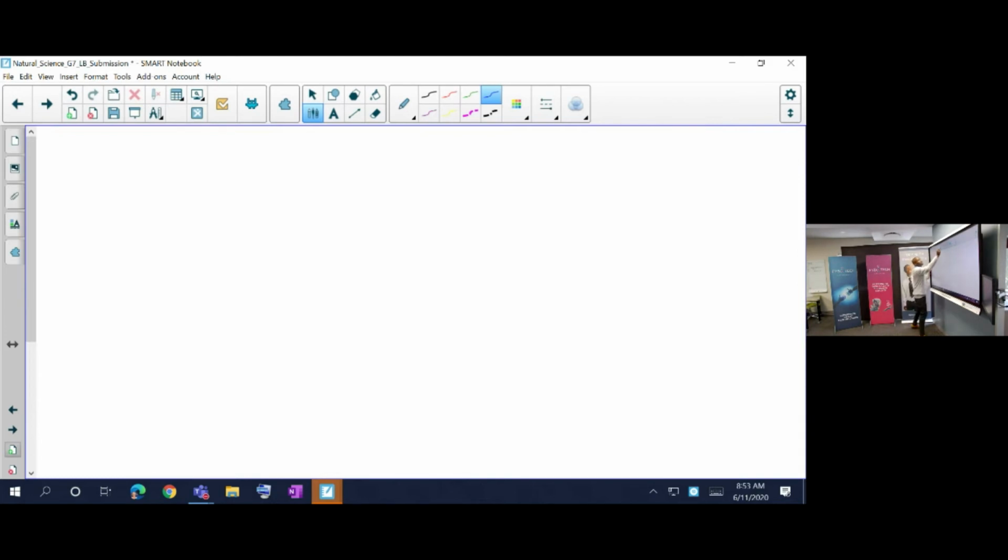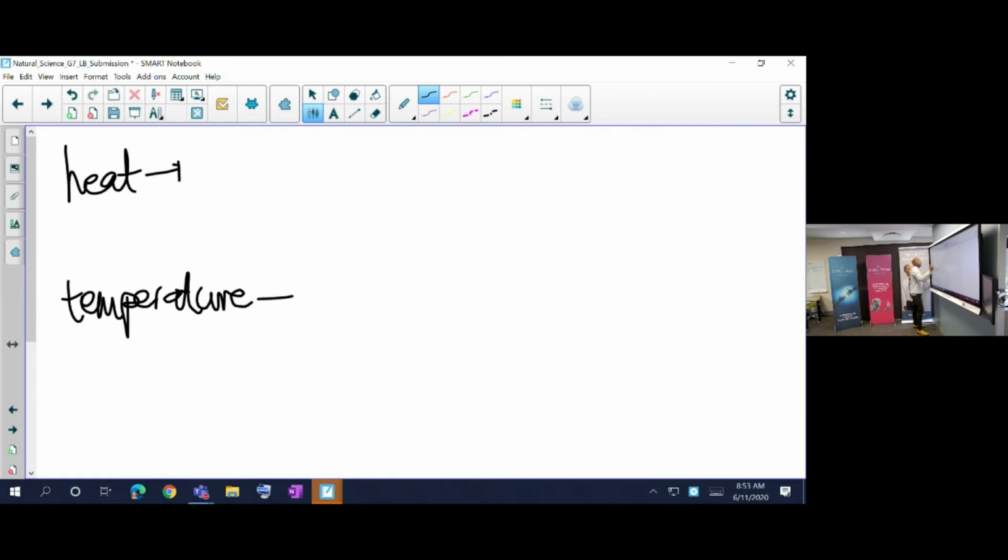Very importantly, we have heat and we have temperature. These are two different concepts. And we, as grade 7s, or we, as scientists, are going to be sure that we do not confuse the two.